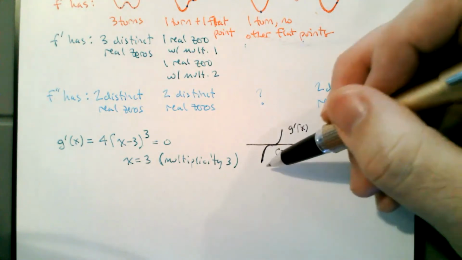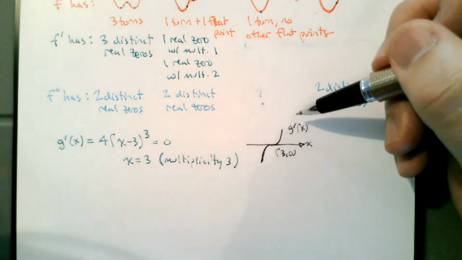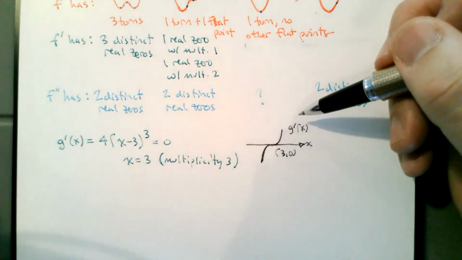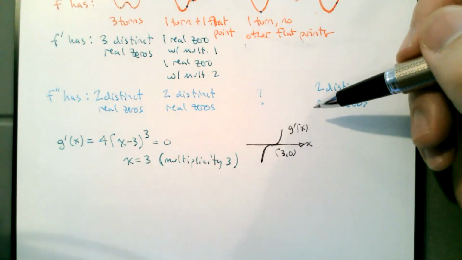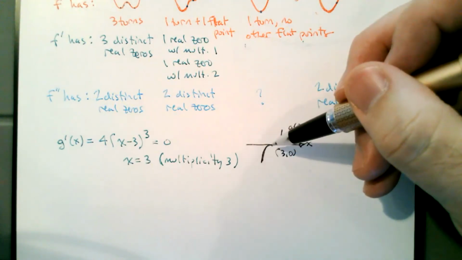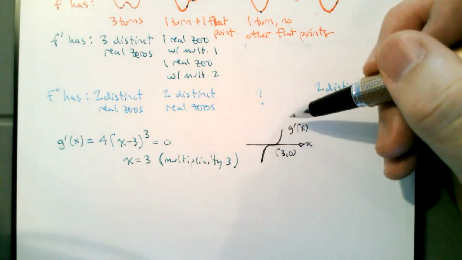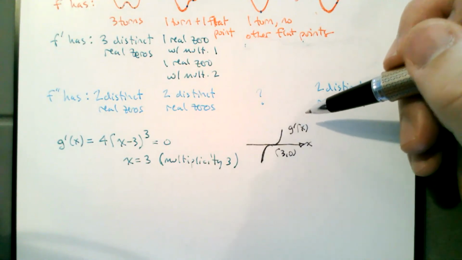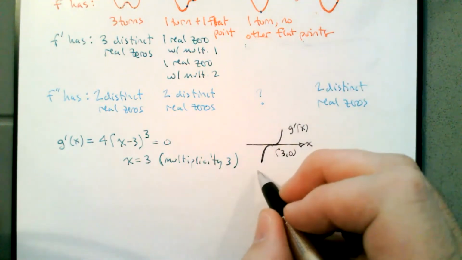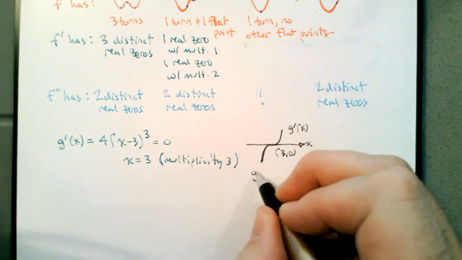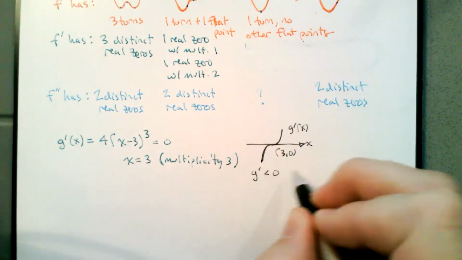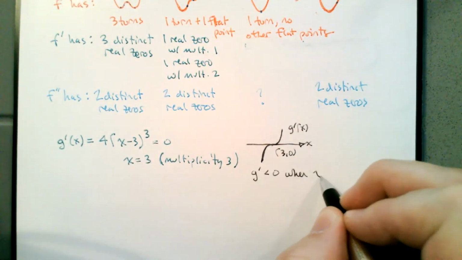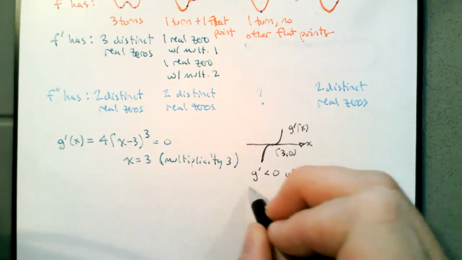So g goes from decreasing to increasing. So g must have a local minimum at 3. So g prime is negative when x is less than 3.